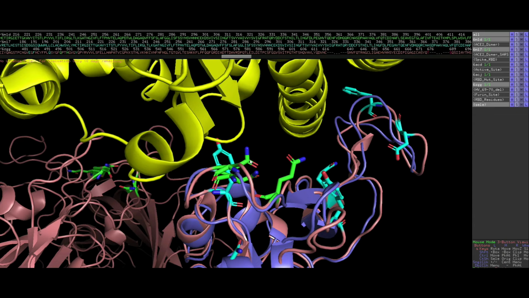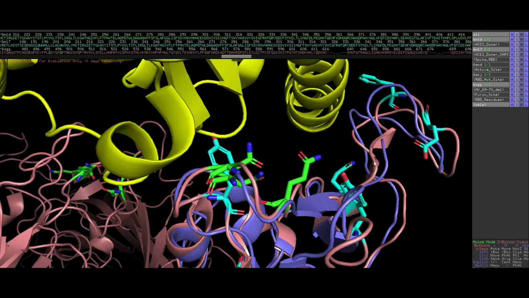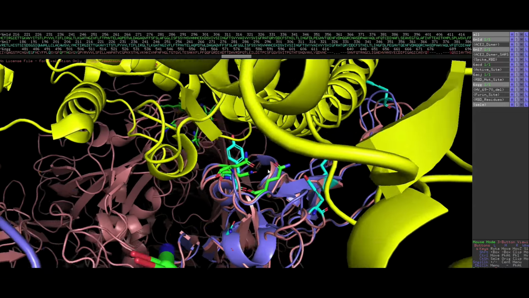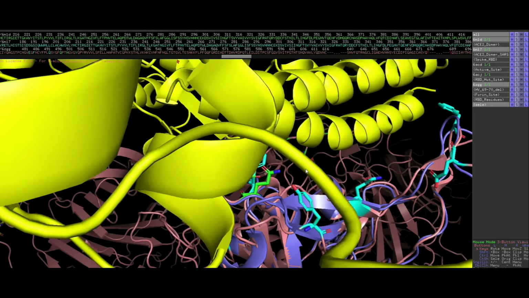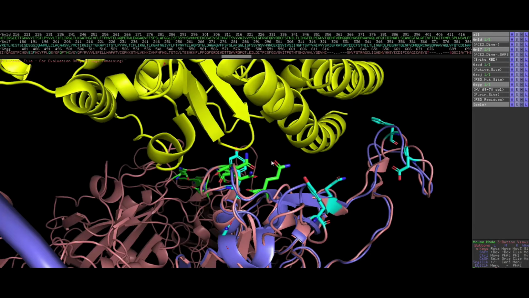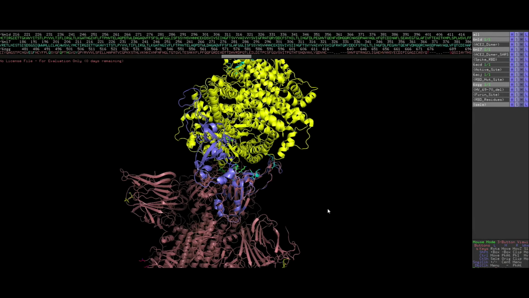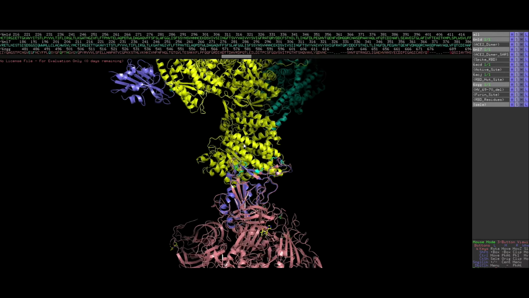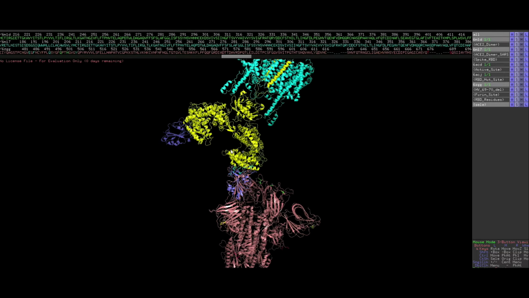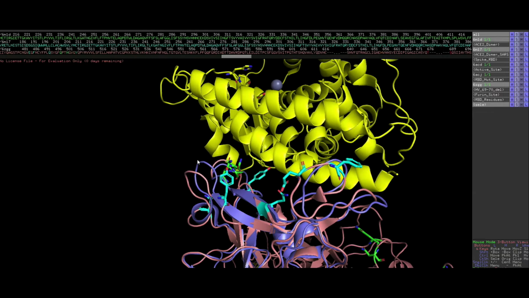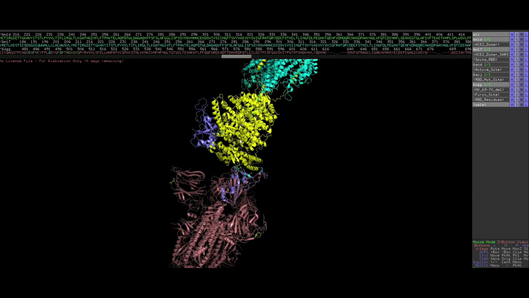And this one right here is as well. In cyan are all the residues that are known to be involved in the binding of the spike protein with what I have up here in yellow, that is the human ACE2 receptor. And so we can see where that binding occurs.